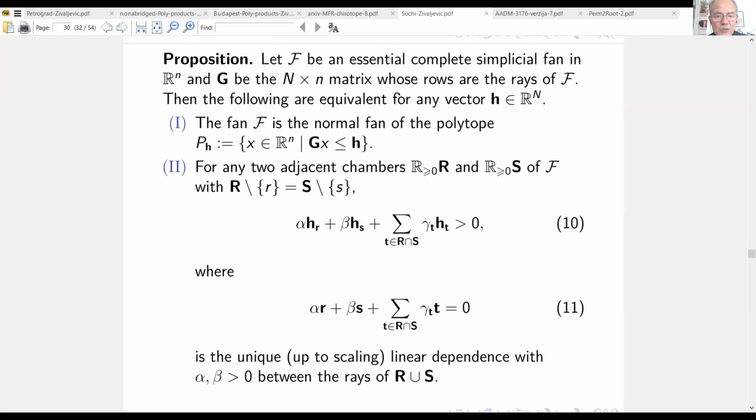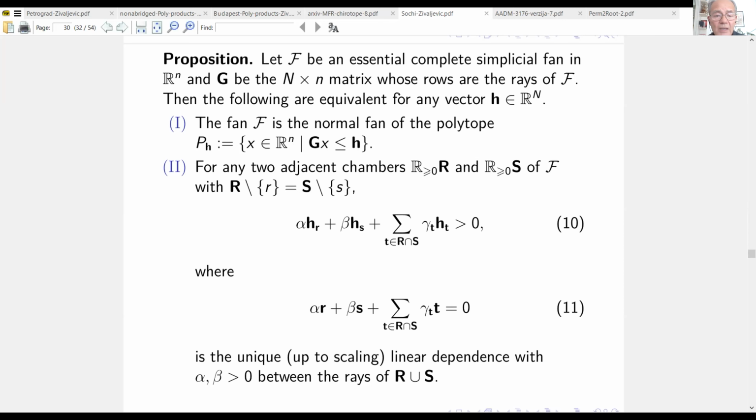And it says the following: if you are given an essential complete simplicial fan and a matrix whose rows are rays of this fan, and you associate real numbers to rays of this fan, and these real numbers are captured by this vector H.